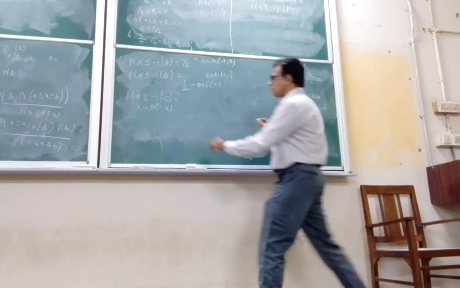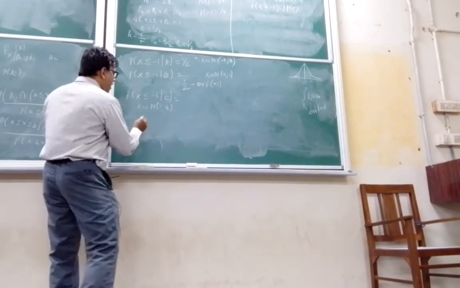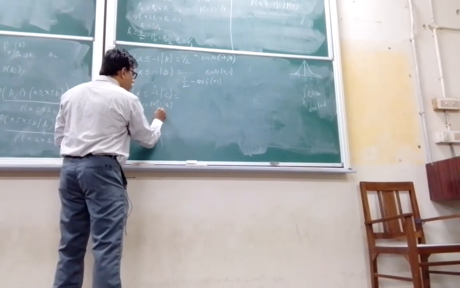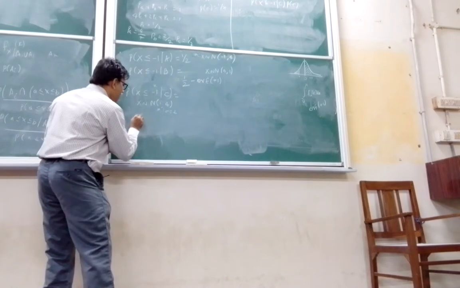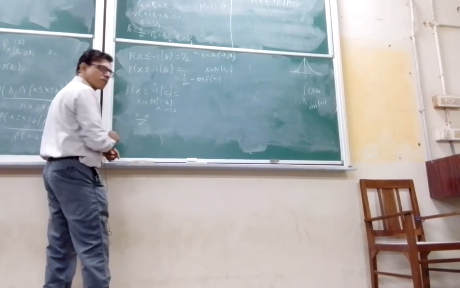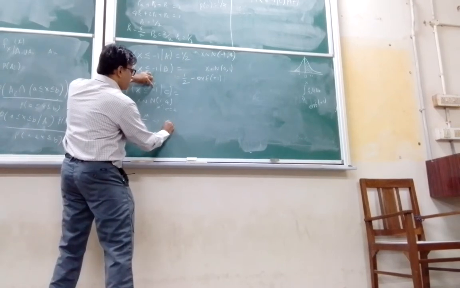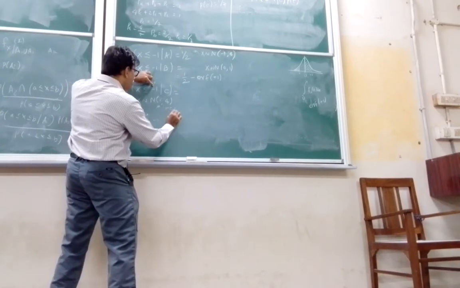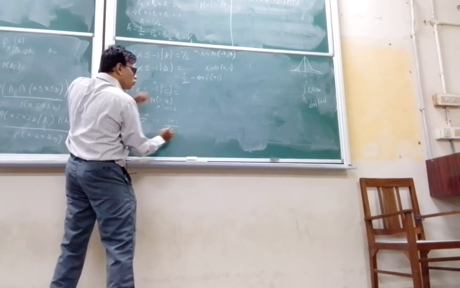To convert it, minus 1 is my x, small x. This is mu and sigma is equal to 2. The conversion is (x minus mu) by sigma. That will translate, if I want it at minus 1, subtract mean being 1, divided by the standard deviation being 2.